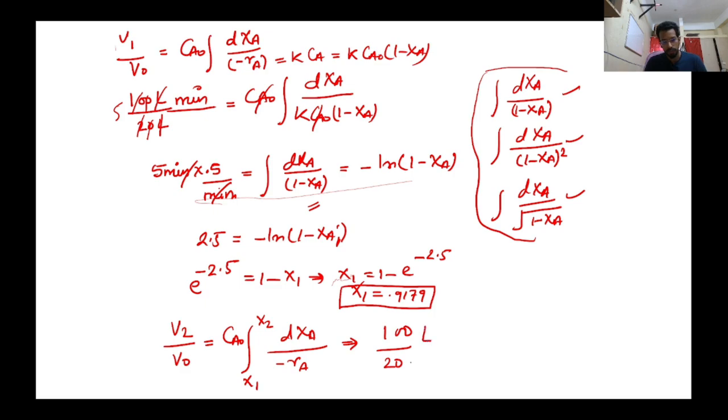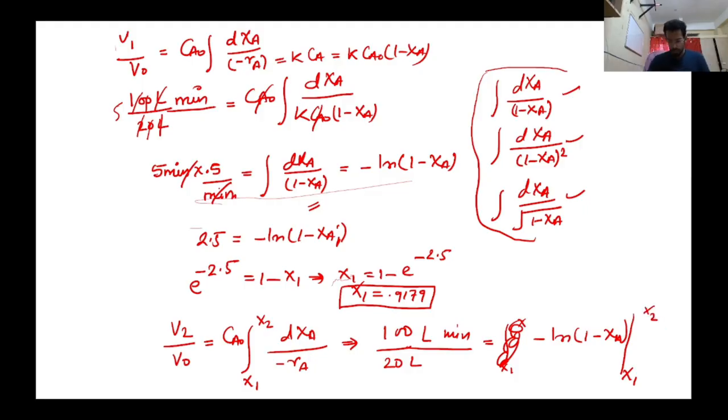We will not forget the unit, minute, is equal to CA naught, and CA naught will cancel out. So this will become the integral from X1 to X2 of minus ln 1 minus XA, limits X1 to X2, right?